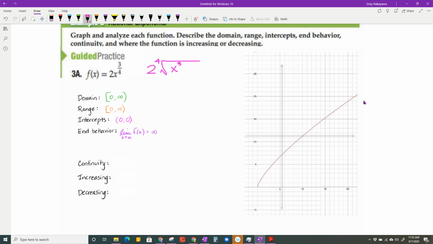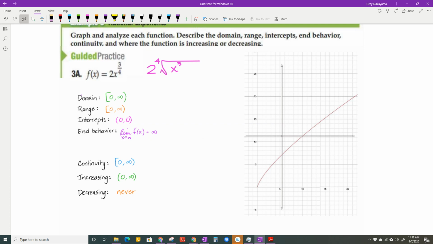Continuity: it is continuous over the interval of my domain because my domain was from 0 to infinity and it continues. Increasing: as I just traced that, it's increasing the whole time and it's never decreasing. And again, the increasing is always parentheses because you don't talk about the specific point.